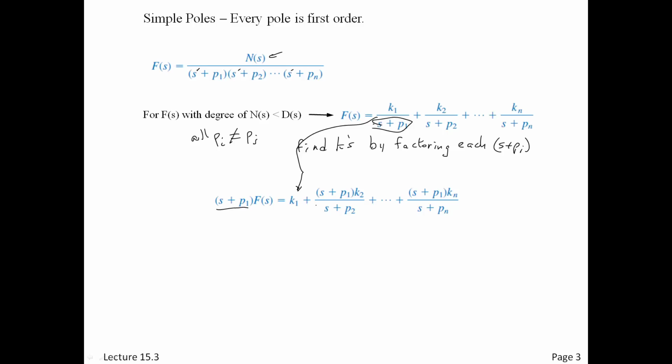But now each of the other terms have to be multiplied by s plus pi, because I multiplied everything through by that. I multiplied the left-hand side and multiplied each of the terms here by s plus pi, same as factoring. Okay, so now I have isolated the k1, right?